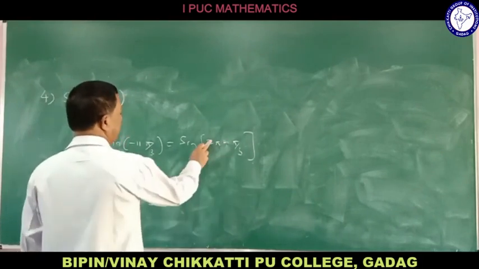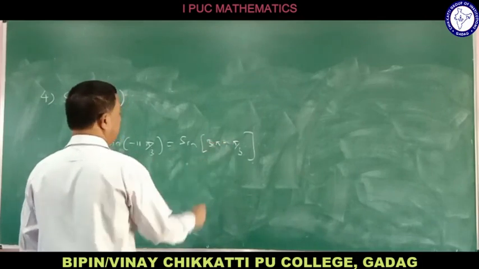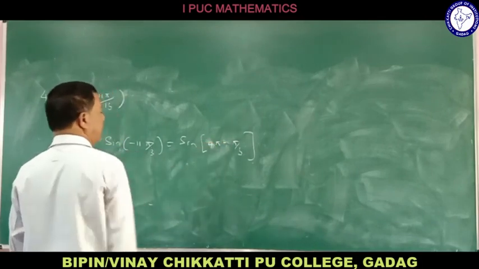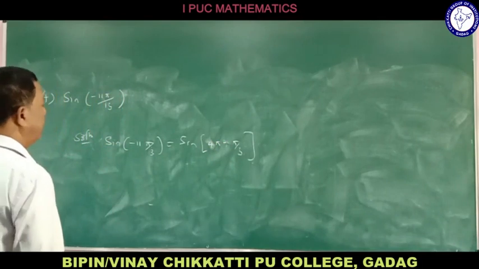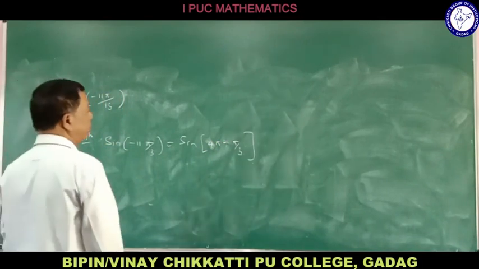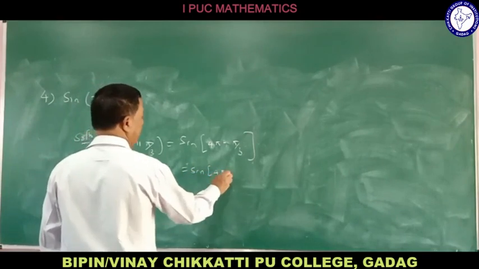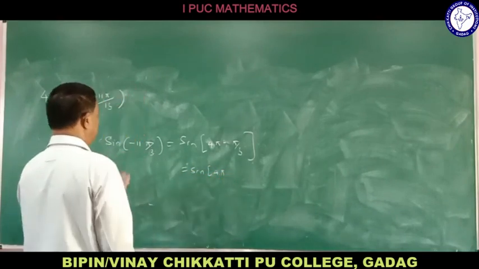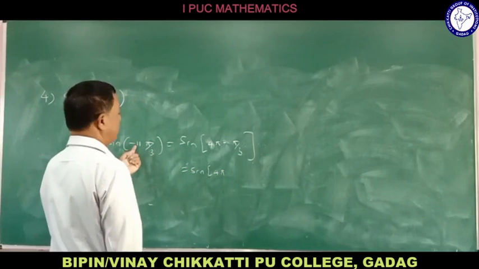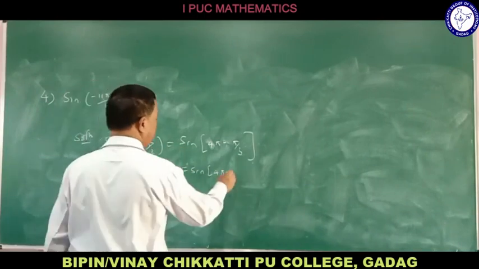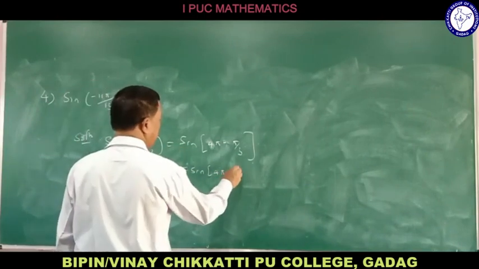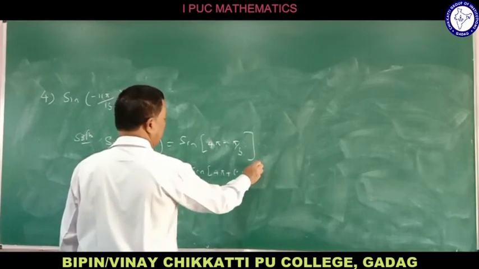And if it is 3, 3, 3, 9, if it is 4, 4, 12 minus 1, 11, yes. And this can be written that sine of 4 pi, and it is one and the same, this minus 11 pi, it is one and the same. So what I write this, plus minus of pi by 3.